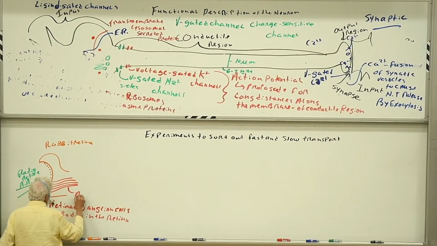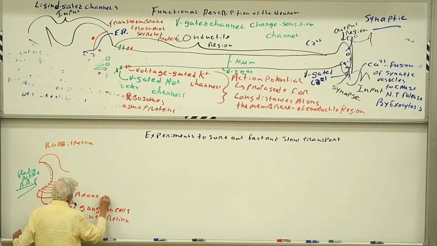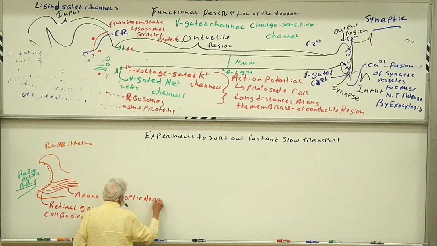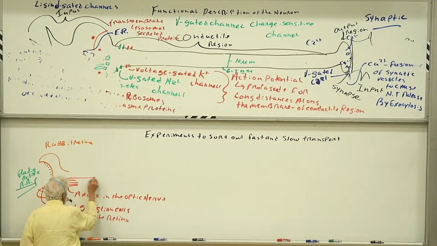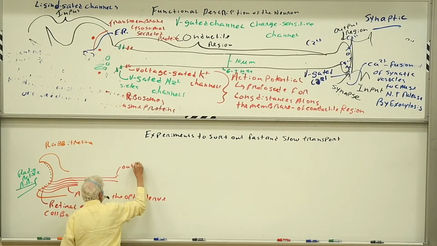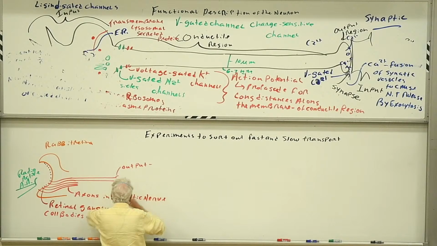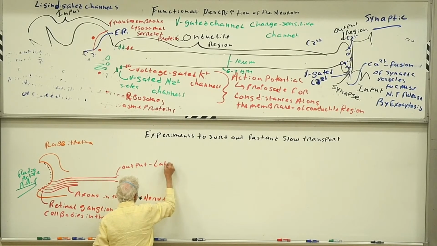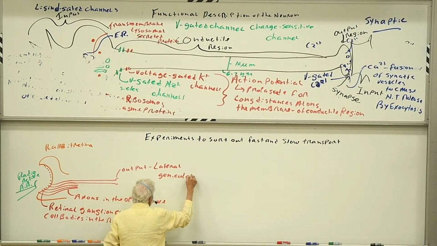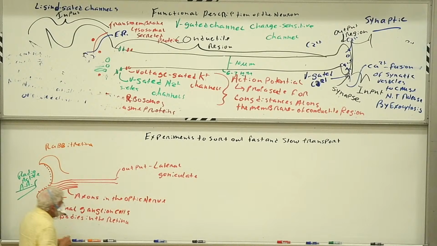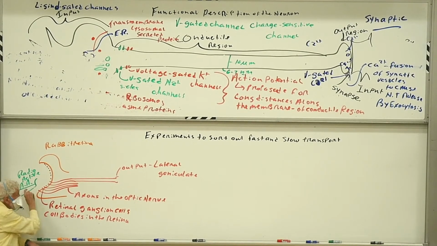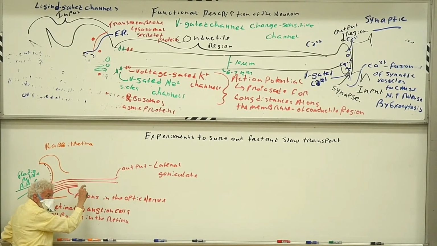So these are axons, or conductile regions, in the optic nerve. These axons have output regions in a region of the brain called the lateral geniculate. The anatomic terms are not important here, but what's important is that they knew that they could get protein synthesis at this site. And they knew they had great long axons that they could now exploit.